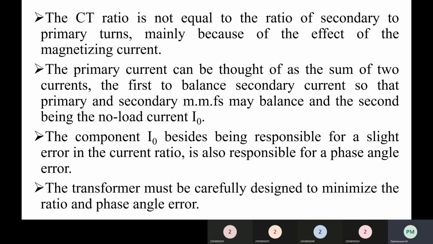The first balances the secondary current so that primary and secondary MMFs balance, and the second is the no load current I0. The component I0, besides being responsible for a slight error in the current ratio, is also responsible for a phase angle error. The transformer must be carefully designed to minimize the ratio and phase angle error.